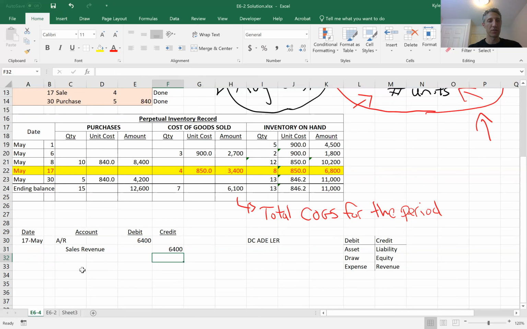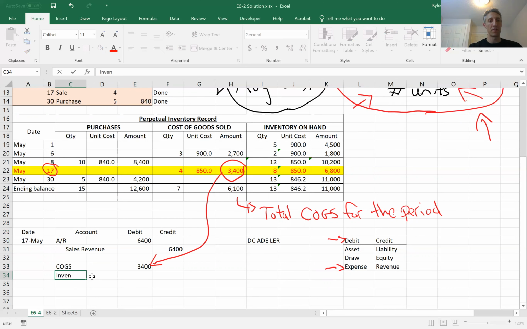This is only half of the journal entry. The other half is the cost of goods sold transaction. Cost of goods sold is an expense, and to increase expenses, I debit expenses, by $3,400. I'm getting the $3,400 because that's what we calculated on May 17th as the cost of goods sold, and this is what we're lowering inventory by.